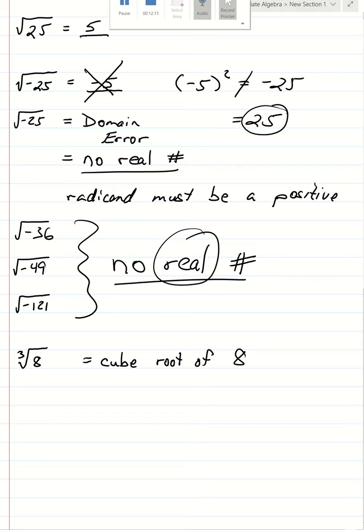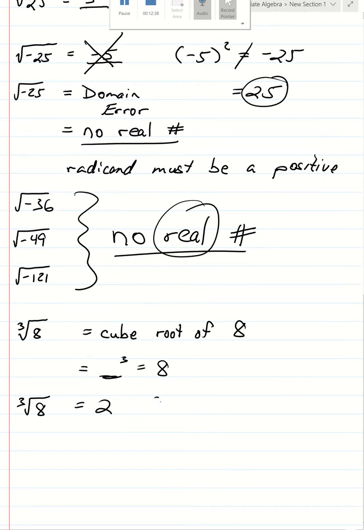So what is it that you're trying to figure out? What number would you have to cube to get the radicand 8? Okay, think about that for a moment. What number could we raise to the third power that it would equal the radicand 8? And of course the answer would be the number 2. So the cube root of the number 8 is 2.